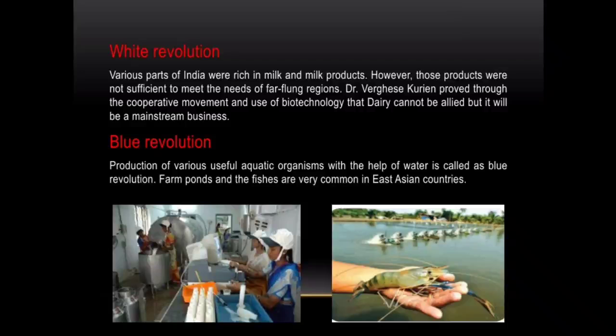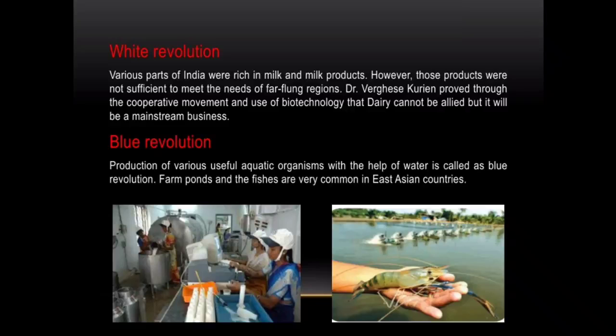White Revolution. Various parts of India were rich in milk and milk products. However, those products were not sufficient to meet the needs of far-flung regions. Dr. Verghese Kurien proved through the cooperative movement and use of biotechnology that dairy cannot be just an allied business, but will be a mainstream business.